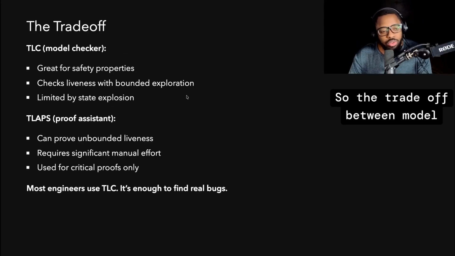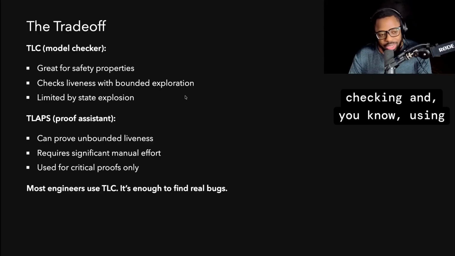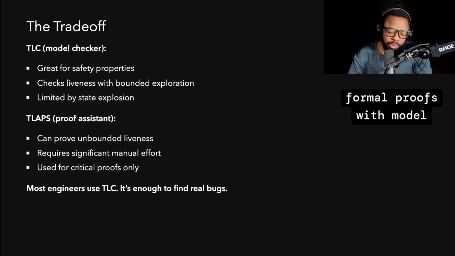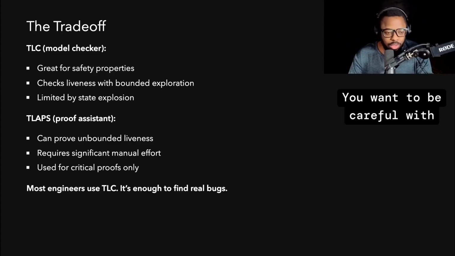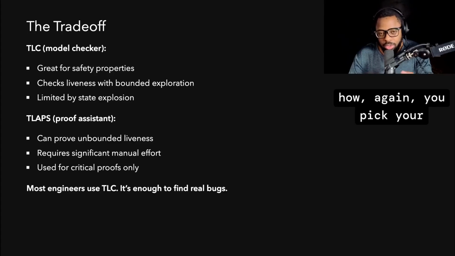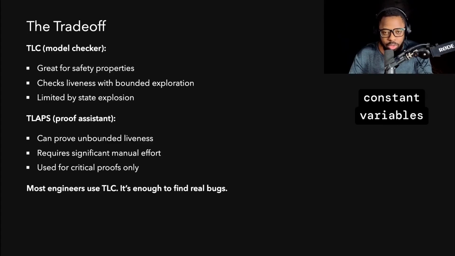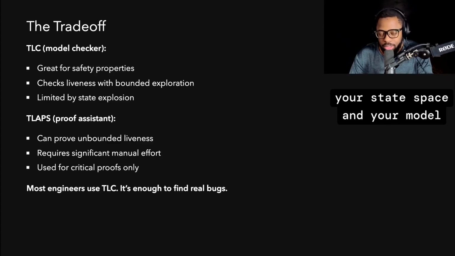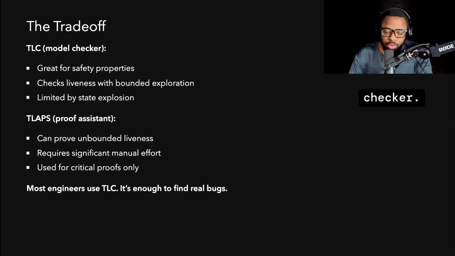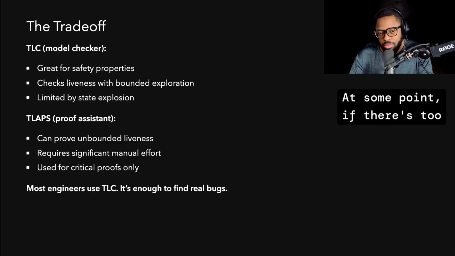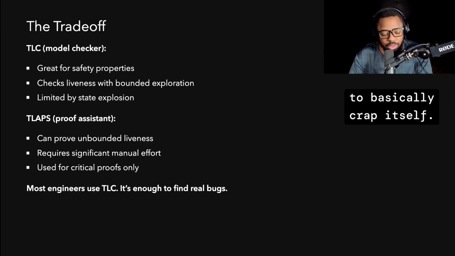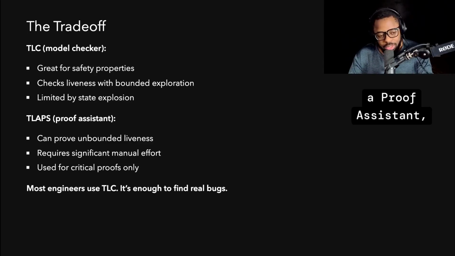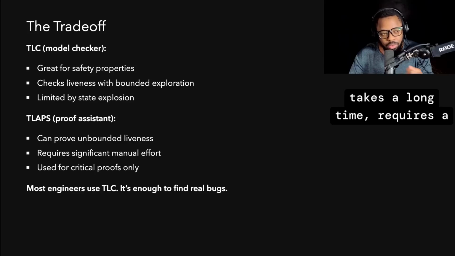Okay. So the trade-off between model checking and using formal proofs. With model checking, it's a brute force approach. You want to be careful with how, again, you pick your constants and variables, because that affects your state space, and your model checker at some point, if there's too much to explore, is just going to fall over. Proof assistants take a long time and require a lot of effort.